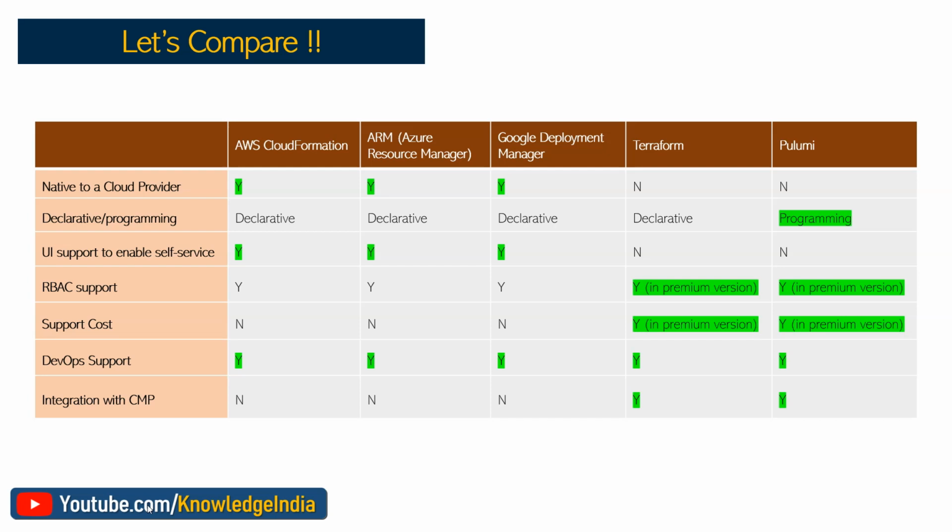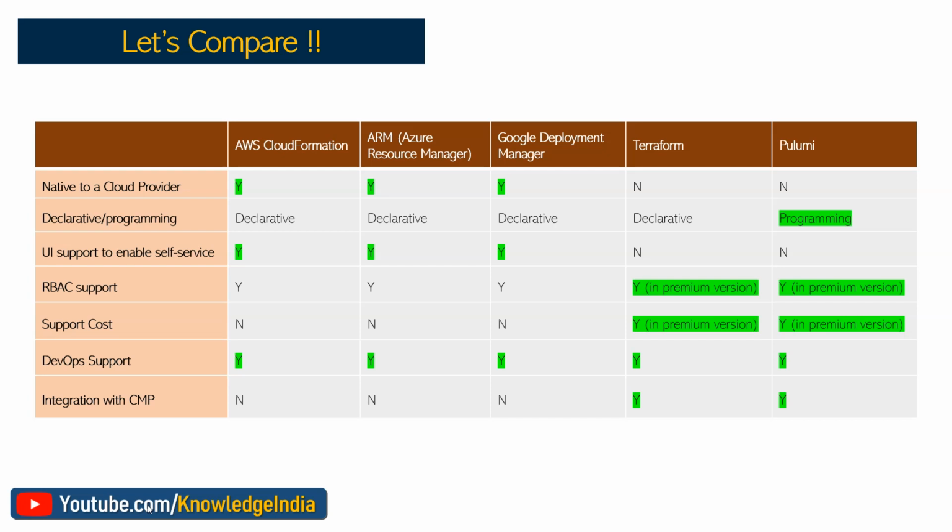So whether you take CloudFormation, ARM, Google Deployment Manager, or even Terraform, the way you write the code, it is declarative in nature. In case of Terraform, they have HashiCorp configuration language, which is of course their own language which they have developed. But if you go ahead and compare, it's very much like JSON only.